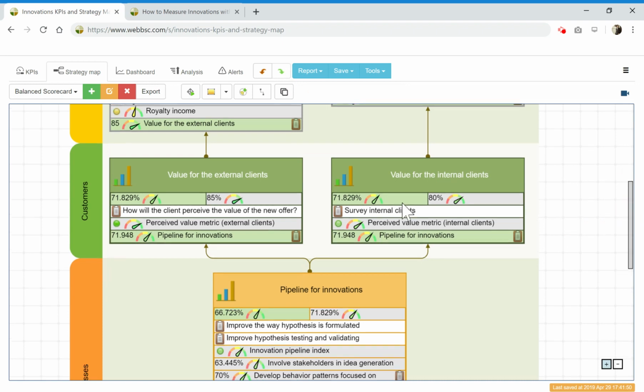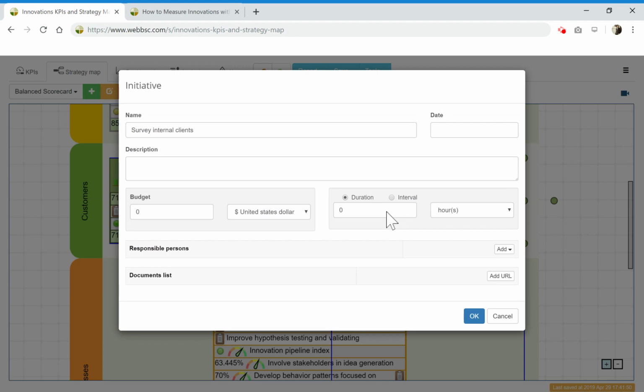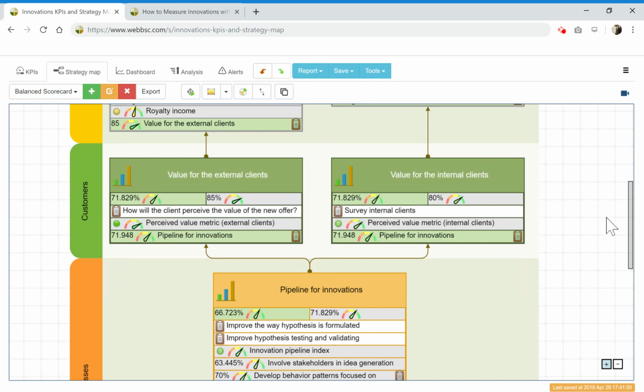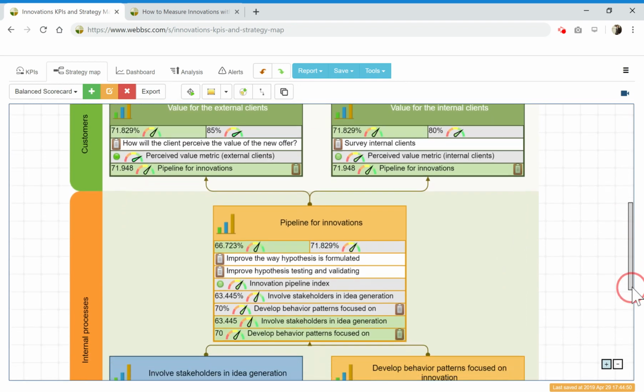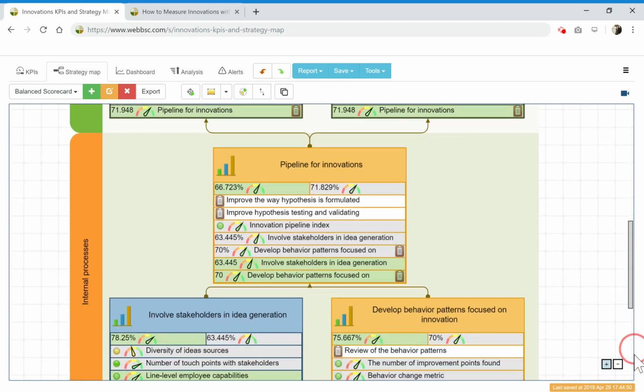The same happens for internal clients, like our employees, our team. A good idea about the team is that we can actually have a better dialogue with them. We can interview them. We can ask more questions. With customers, typically the number of questions that we can ask is limited.